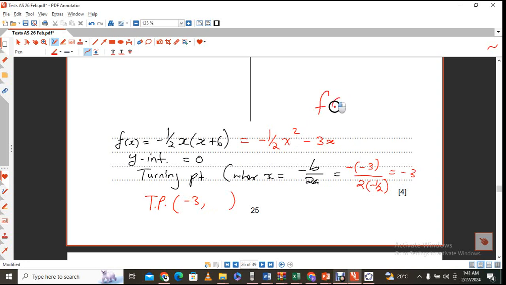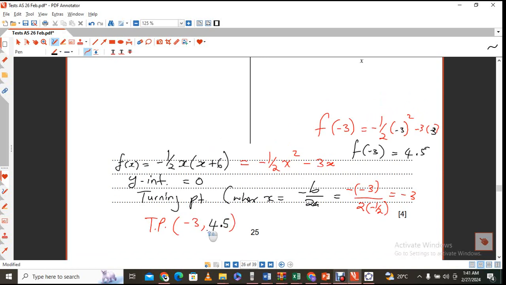So if we say f of negative 3, we are going to get as an output, perhaps I can also use the one that I multiplied out, it doesn't matter, once I input negative 3, f of negative 3, I'm going to get a value of 4.5. So therefore, my turning point will be at the point (-3, 4.5).